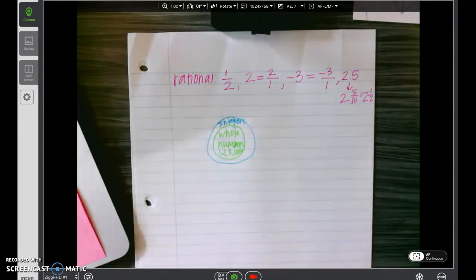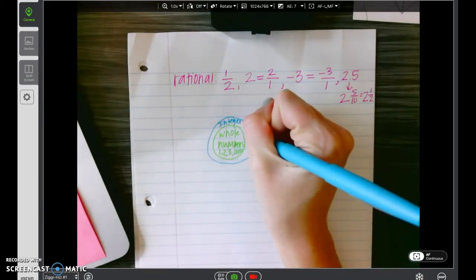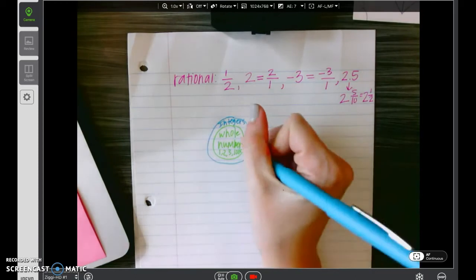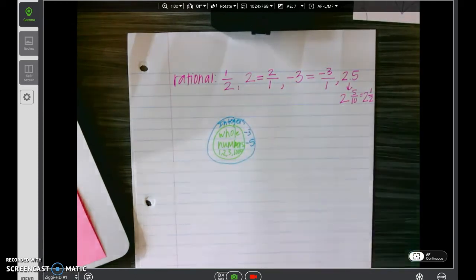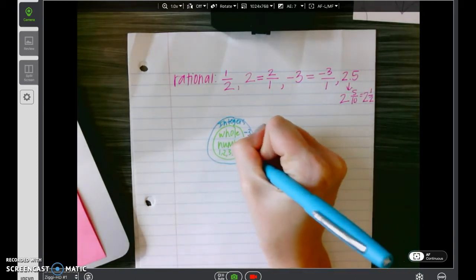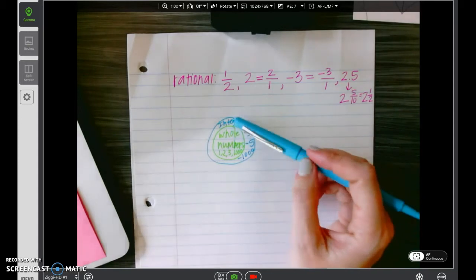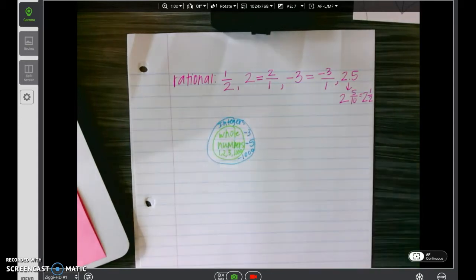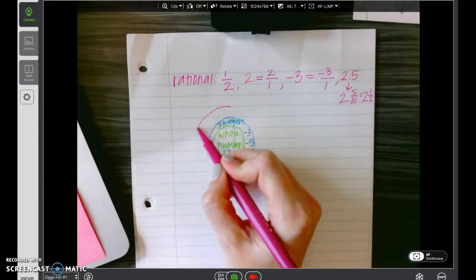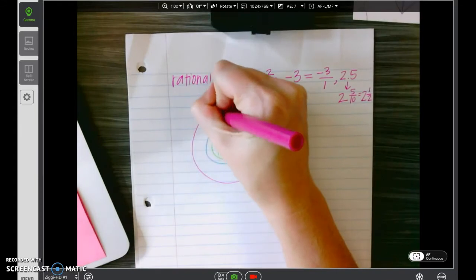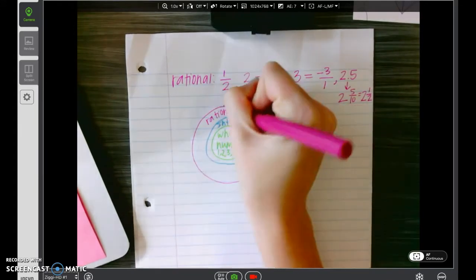So whole numbers are the positive part, then the negative whole numbers, so for example, -3, -5, -1,000, those are going to be integers because they are negative whole numbers. So integers is going to include a little bit more numbers, right? Because it includes positive and negative whole numbers. And then the biggest circle that includes both integers and whole numbers is going to be rational numbers.